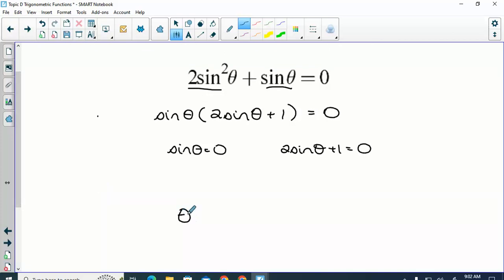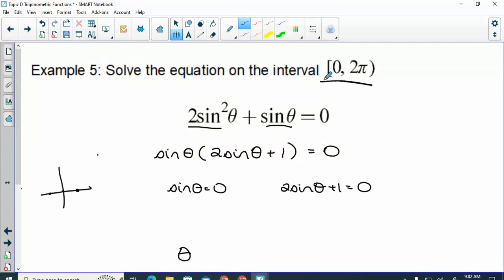Right. We're looking for theta. Sine is the y value. Okay, so we're thinking on our unit circle, when does y equal 0? This time I did say give me everything between 0 and 2 pi. Sine is the y.